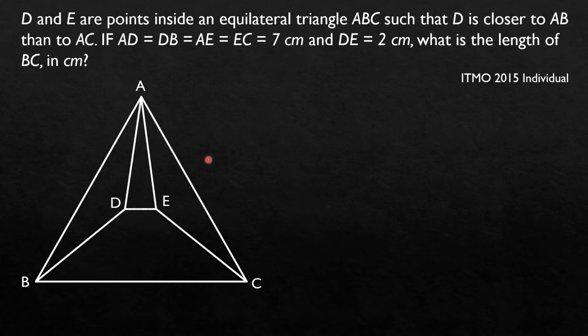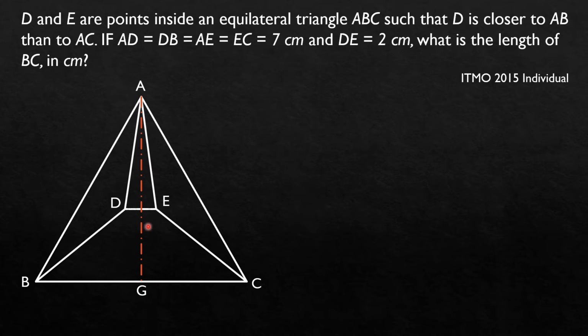To solve this problem, let us introduce two more segments, that is the perpendicular from A to BC, and let us call the foot of that perpendicular G. Then AG divides BC into two congruent segments. These are BG and GC.